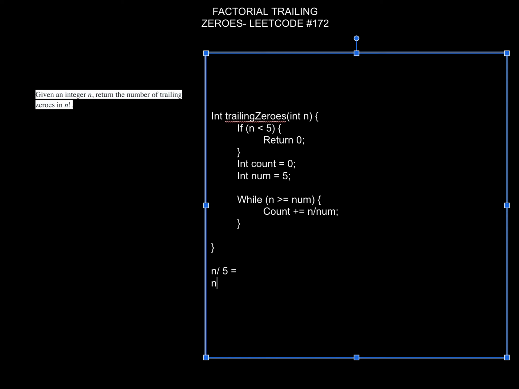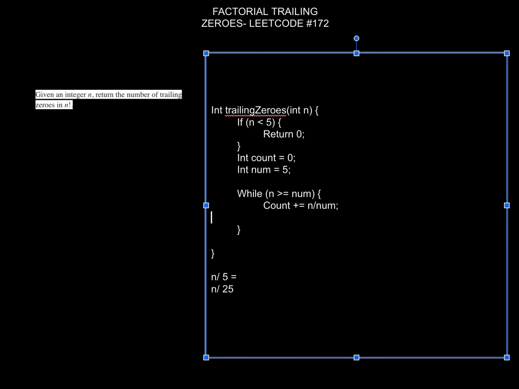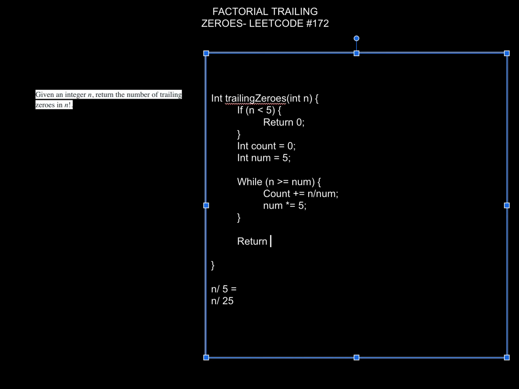And we would also want to go n over 25 and so forth till the value of n is greater than our divisor, I guess. So in this case, 25. And we could go num times equal to 5. And we could return count.